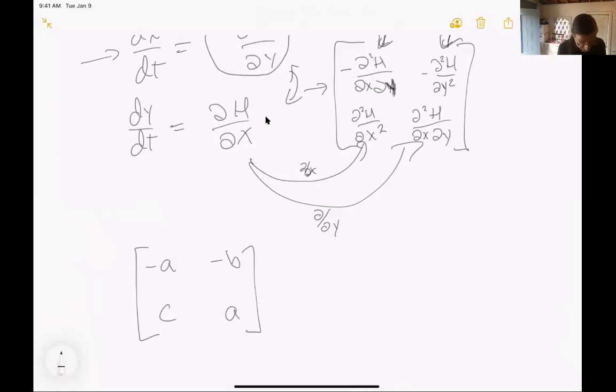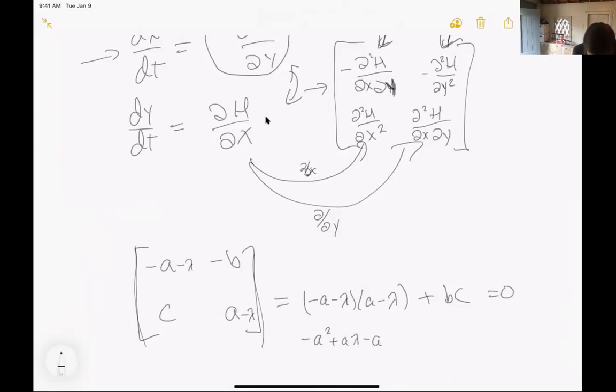So if we just go ahead and do the equilibrium point analysis, we subtract lambda, take the determinant, and we get minus a minus lambda times a minus lambda minus negative bc, which will be positive now, equals 0. That gives us minus a squared plus a lambda minus a lambda plus lambda squared plus bc.